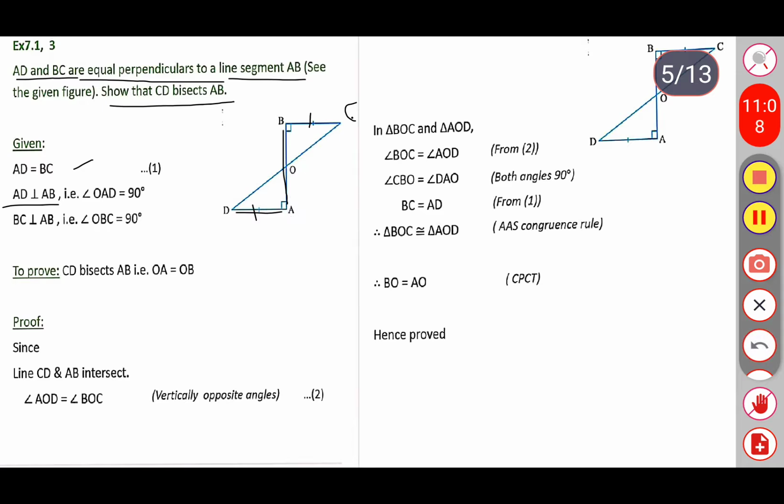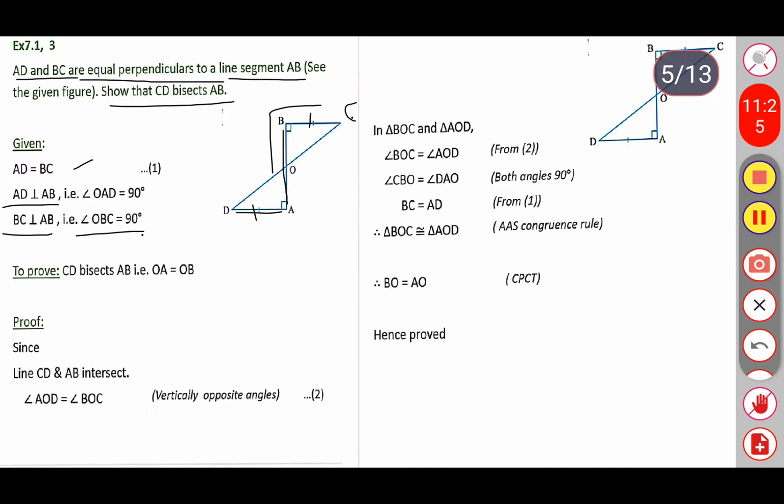So angle A is 90 degrees here. Similarly, BC is perpendicular to AB. It means angle OBC is also 90 degrees.